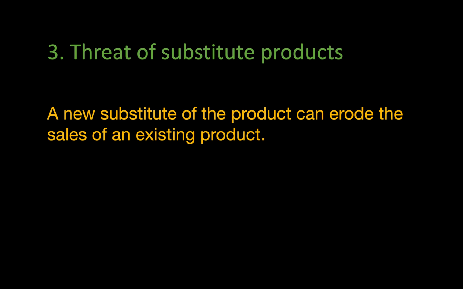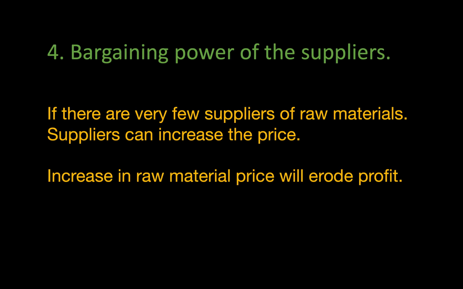I mean, the sales itself will go down. Forget about the profitability. When sales go down, profitability will obviously go down, because a lot of fixed cost will be there, which anyway you have to incur. So threat of substitute products is the third competitive force which needs to be tested.